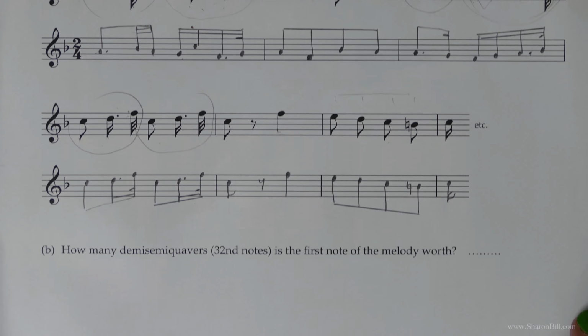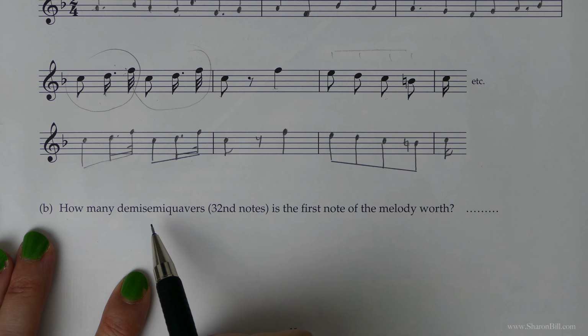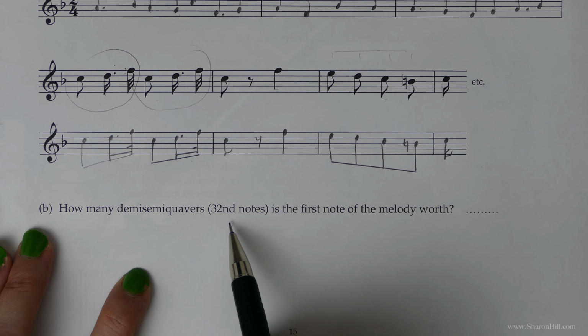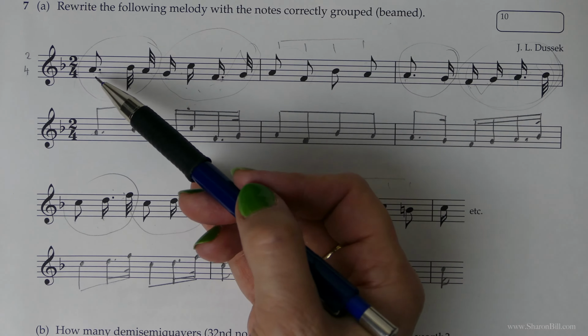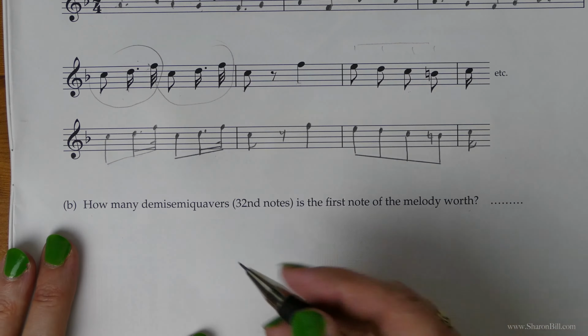And so now question B asks us, how many demi-semi-quavers or 32nd notes is the first note of the melody worth? The first note of the melody is a dotted quaver or a dotted 8th note.